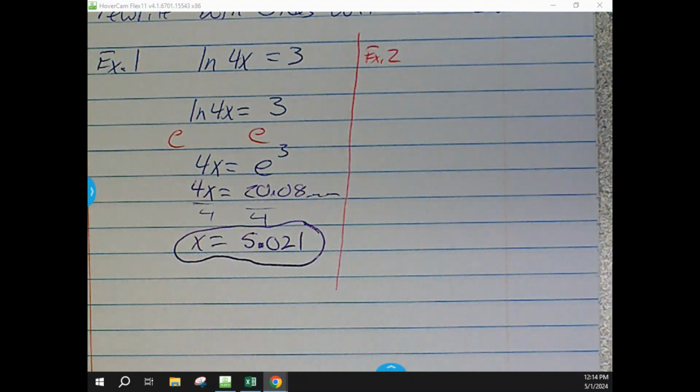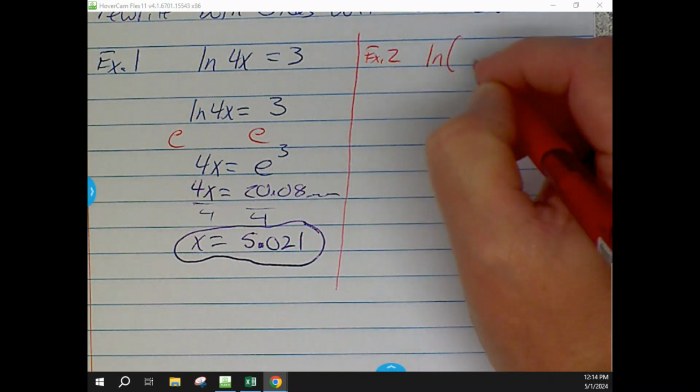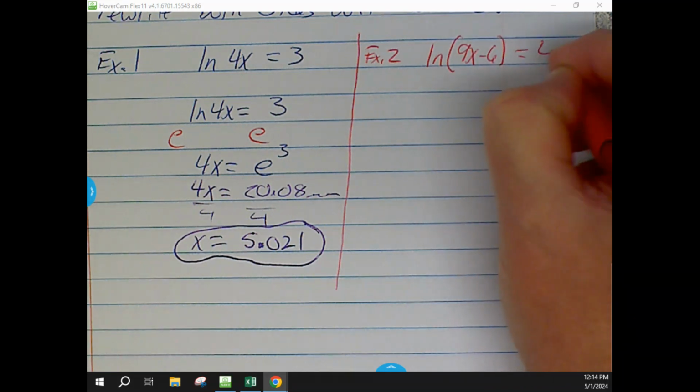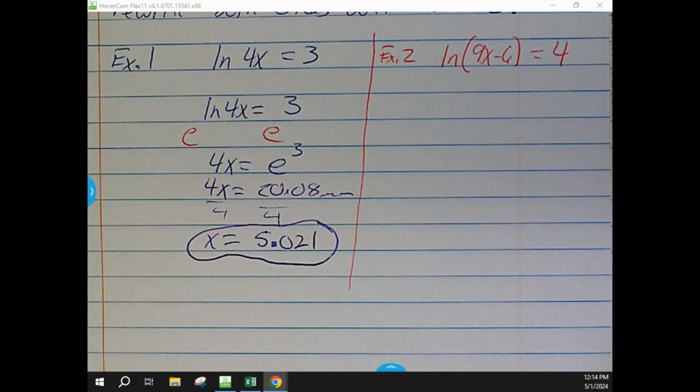Okay, so for example 2, same setup, just a little different look to it. So we're going to have the ln of 9x minus 6 equals 4. Okay, same thing.